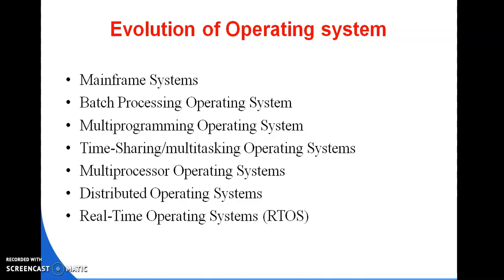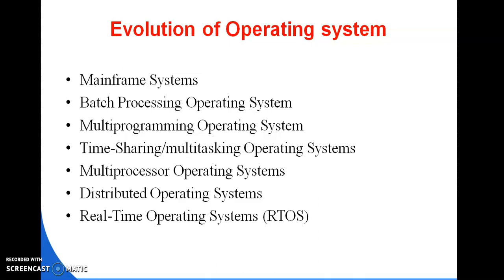So far in this scenario, the first is your mainframe systems. This mainframe system was the first computer used to handle many commercial and scientific applications, and it reduced setup time by batching similar jobs, automatic job sequencing, and automatically transferring control from one job to another.